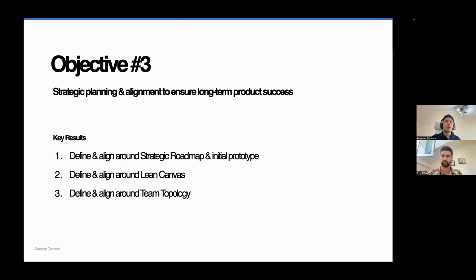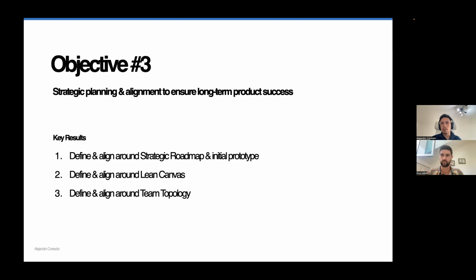And then after talking about objective number 2, let's focus a little bit on what I mentioned before regarding the strategic planning, the alignment to ensure the long-term success of the product. So here we are going to talk about basically a strategic roadmap and the initial prototype that we came up with, the lean canvas that we created in order to pinpoint the exact niches that we wanted to target, the early adopters, and all the metrics that we want to keep in mind when we are going through the whole development process.